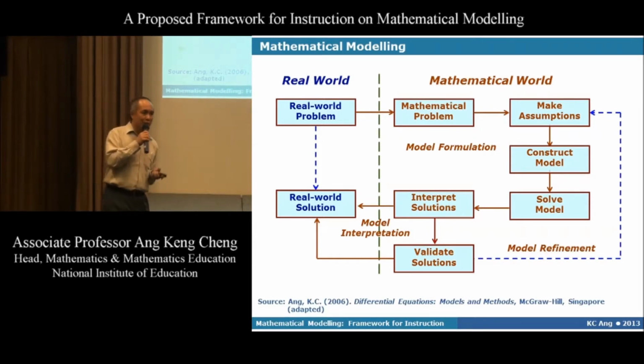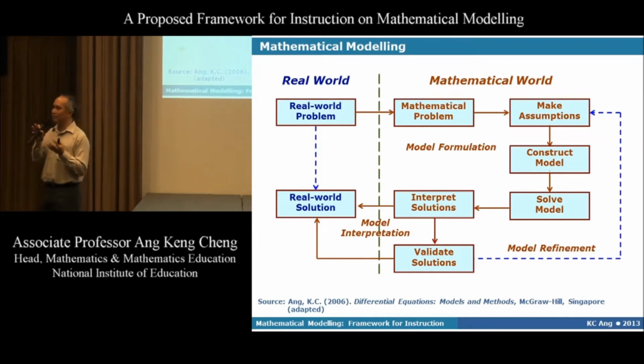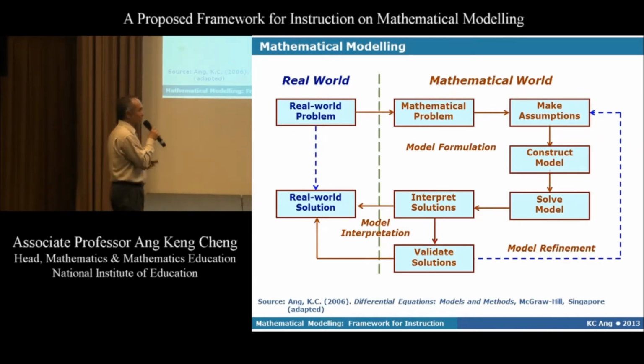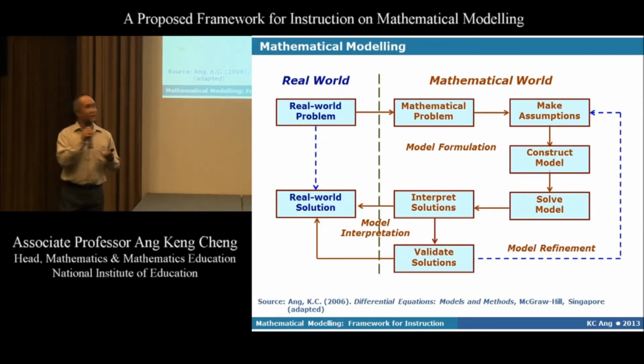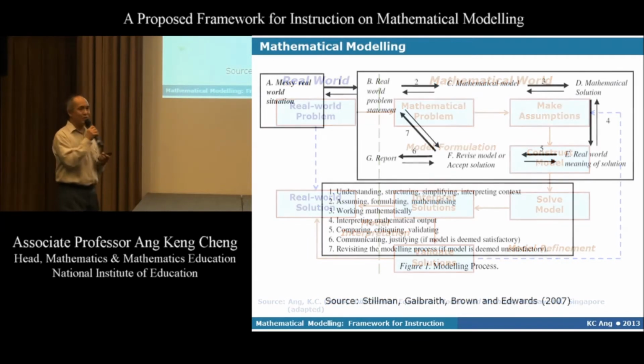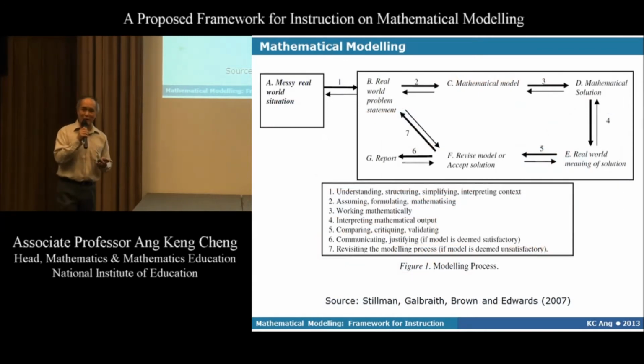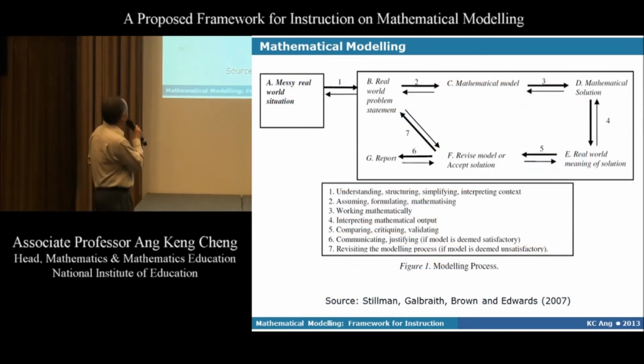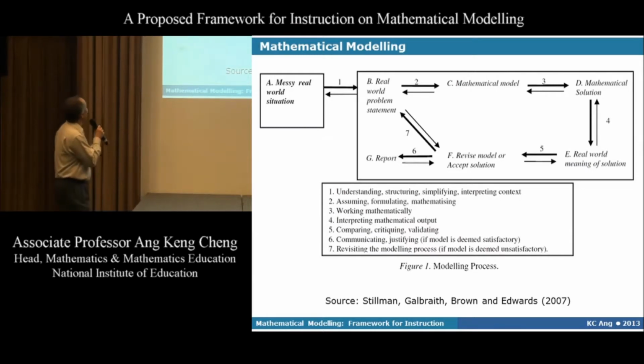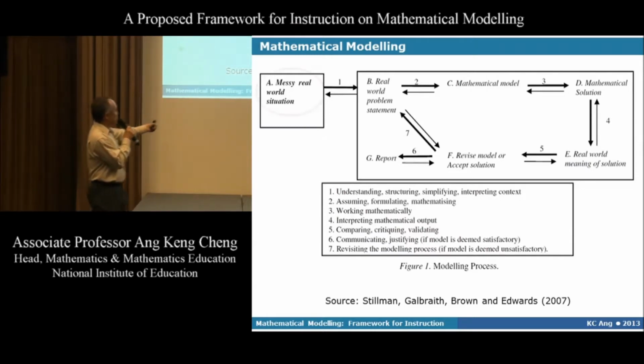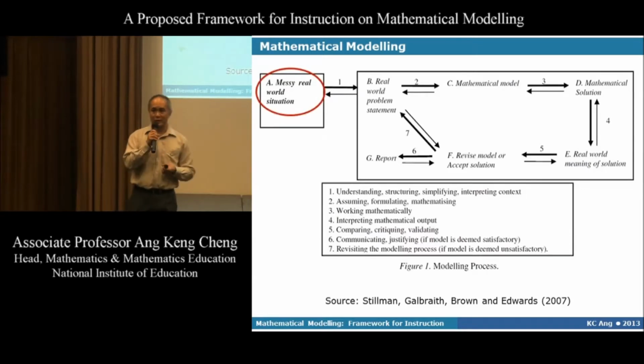But this is by no means the only diagram or graphic that describes mathematical modeling. I will show you a few others. For example, this one is from Professor Stillman and colleagues, from a paper in 2007, and I don't have the full reference here.